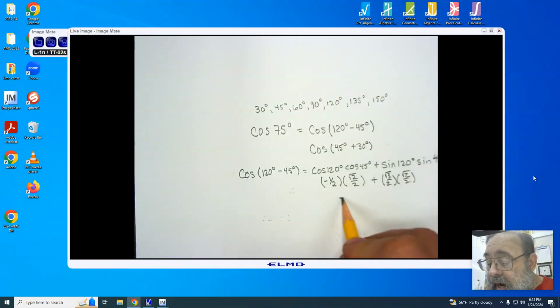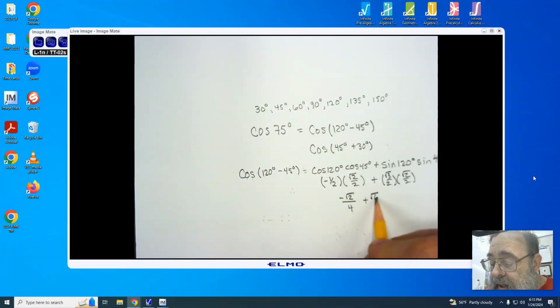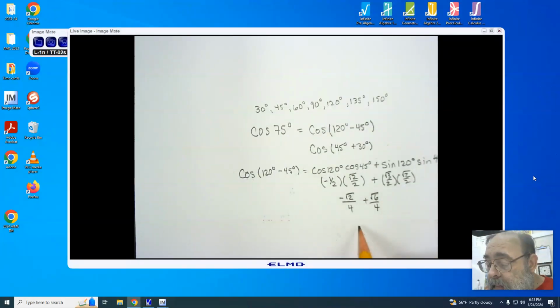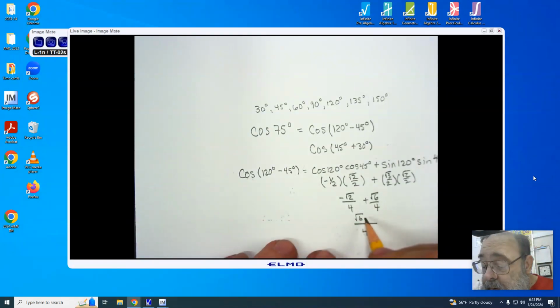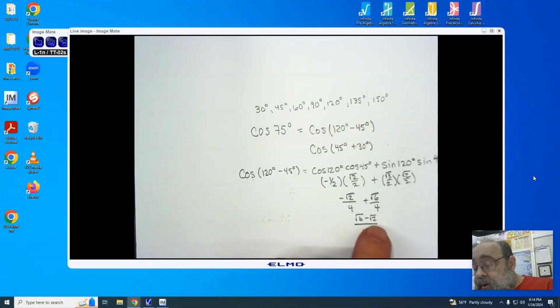We end up getting negative root 2 over 4 plus root 6 over 4. Because they have the same common denominator, I can write them down over the same 4. Now, we usually put our larger square root piece inside the square root first, and then I would put my root 2. Notice that 6 being larger than 2 is going to precede it.